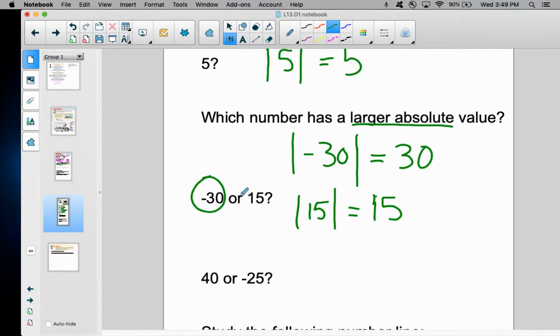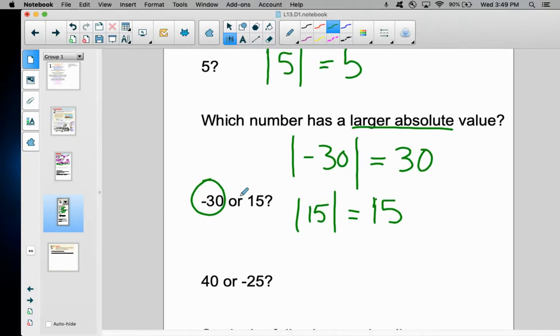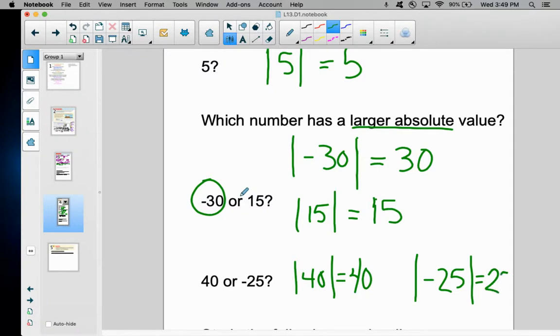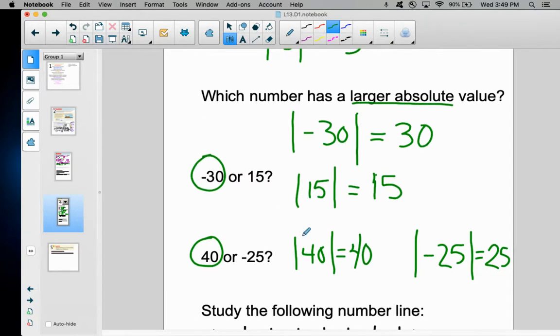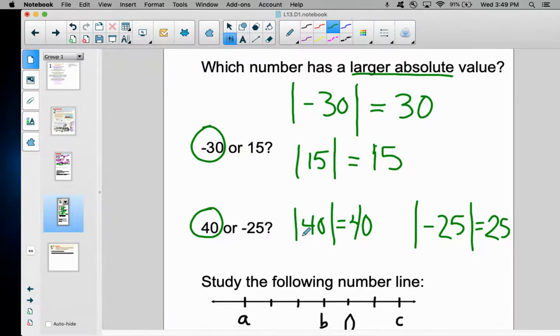So we are going to compare 40 now, the absolute value of 40, that's how you write it, compared to the absolute value of negative 25. So 40 is 40 units away. Negative 25 is 25 units away. Therefore, in this case, the positive number is farther away from 0. Remember, distance is never negative.